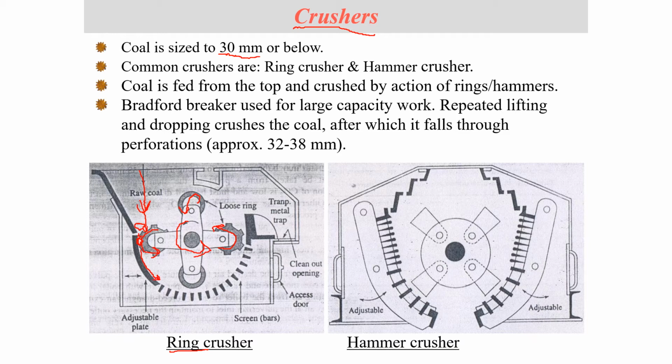And now what happens is if they are small enough, they will actually drop from here. But if they are large enough, they will stay here and they will get crushed with the subsequent layer of coal. So similarly, hammer crushers, they have different hammers.